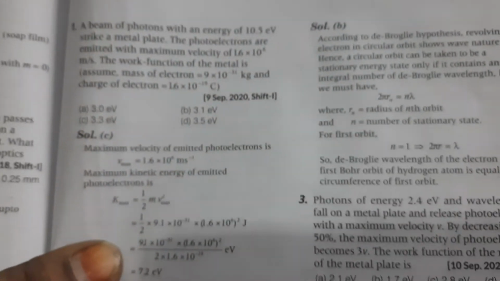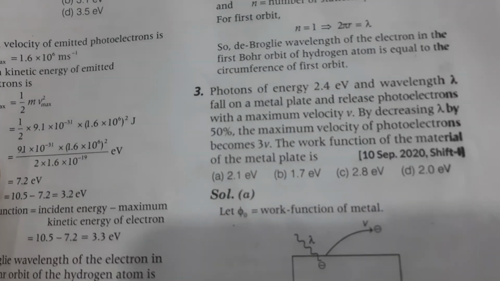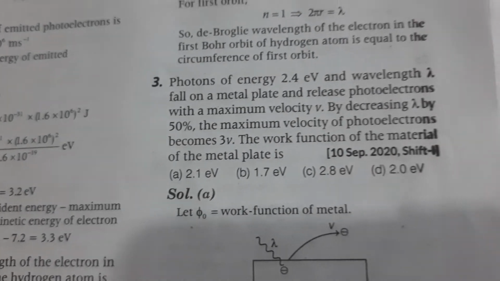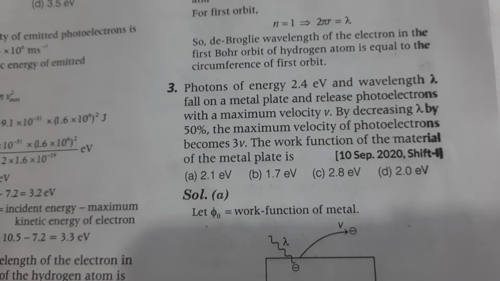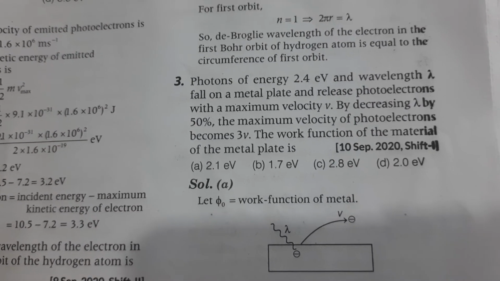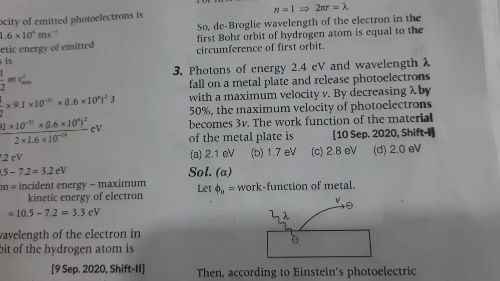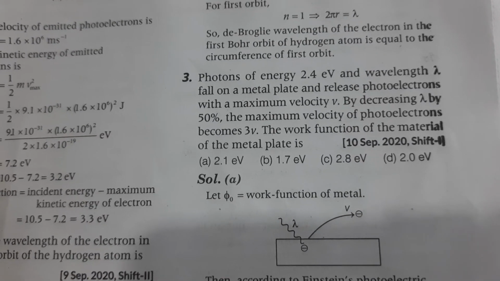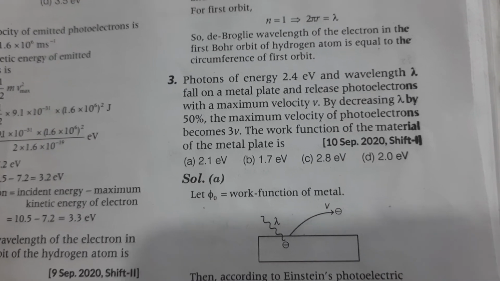Then come to the third question. Photons of energy 2.4 electron volts and wavelength lambda fall on a metal plate and release electrons, the photoelectric effect, with a maximum velocity v.